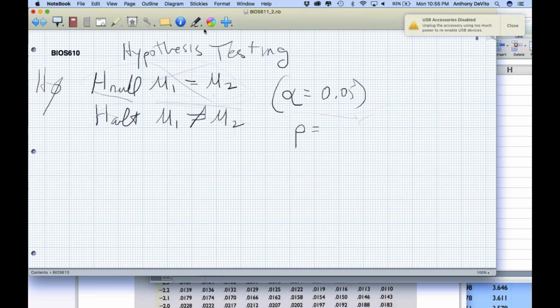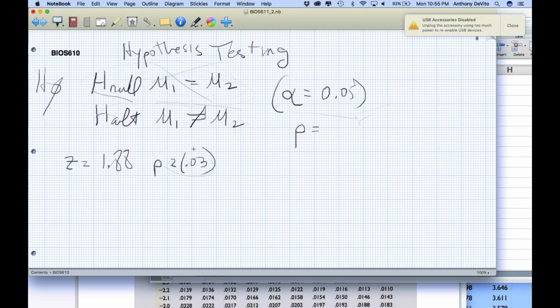There we go. Okay. So when I looked at this before, my z-score was equal to 1.88. And when I looked it up on my table, that came out to a probability of having this extreme of a difference, which was equal to 2 times 3%.